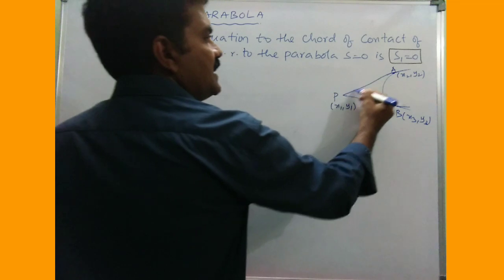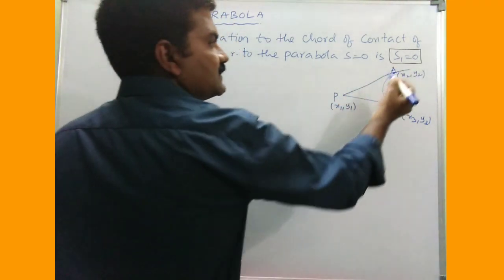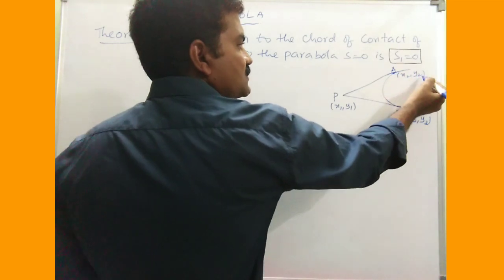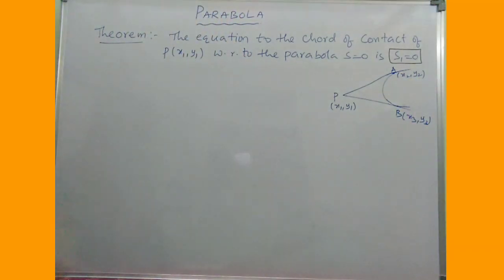Say PA is one tangent and PB is the other. Assume A as (x2, y2) and B as (x3, y3). A and B are nothing but points of contact here. If not, you can also treat them as any two points on the given parabola.